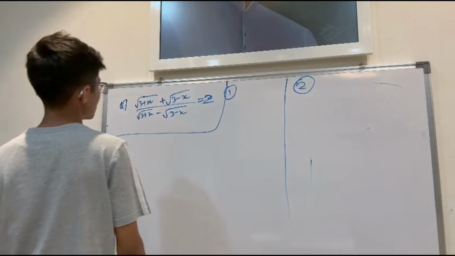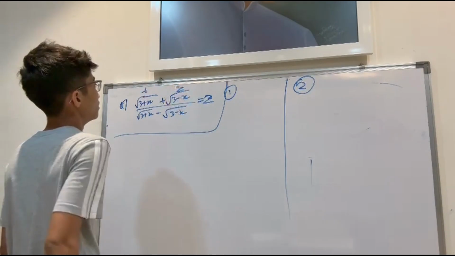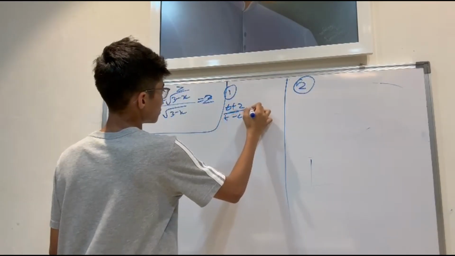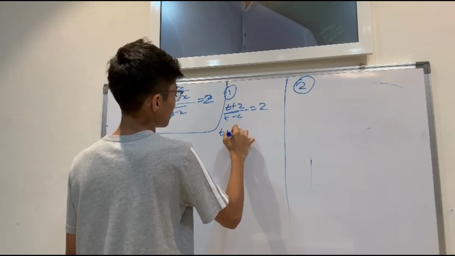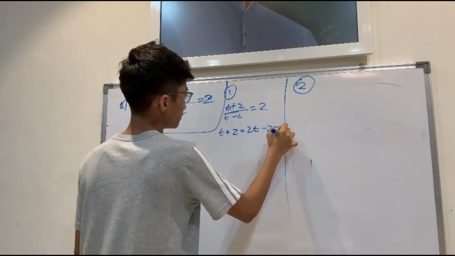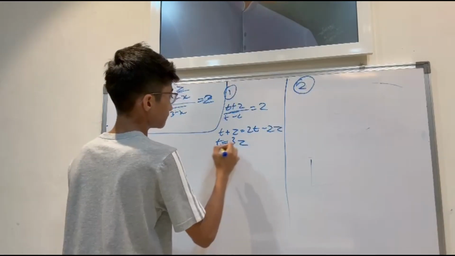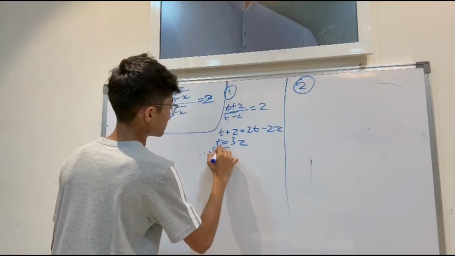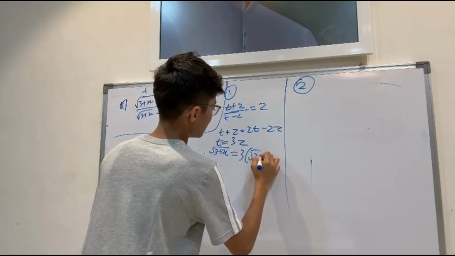One way is just taking this as t, taking this as z. So we get t plus z over t minus z equals 2. So we get t plus z equals 2t minus 2z. T goes here, z comes there, t equals 3z. Substituting t and z, we get root 3 plus x equals 3 times root 3 minus x.